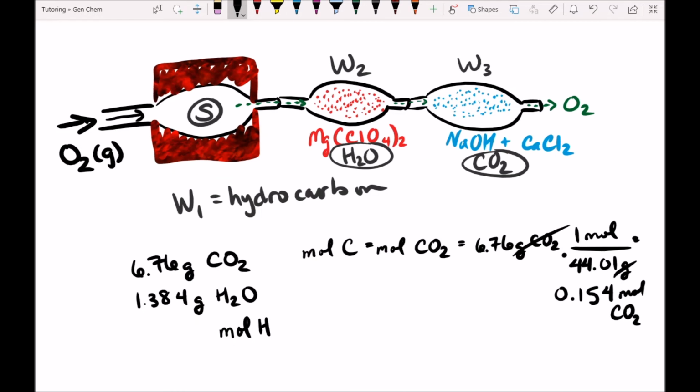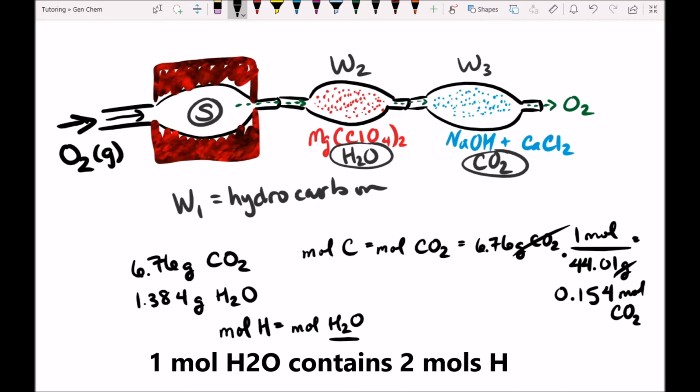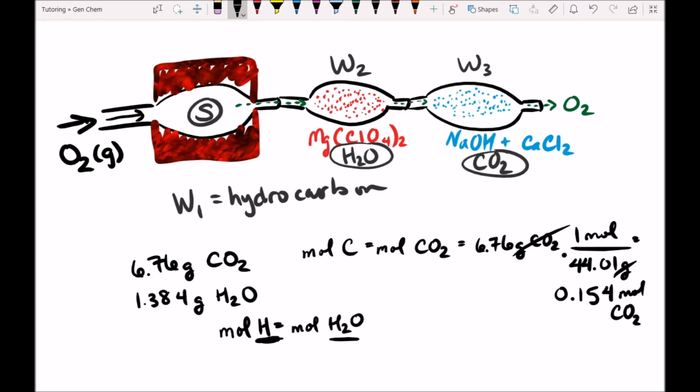Now water's a little bit trickier, and we want to know the number of moles of hydrogen in our hydrocarbon, but that's not equal to exactly the number of moles of water produced, because every mole of water produced contains 2 hydrogen atoms. So for every 1 mole of hydrogen in our initial compound, half a mole of water is produced.